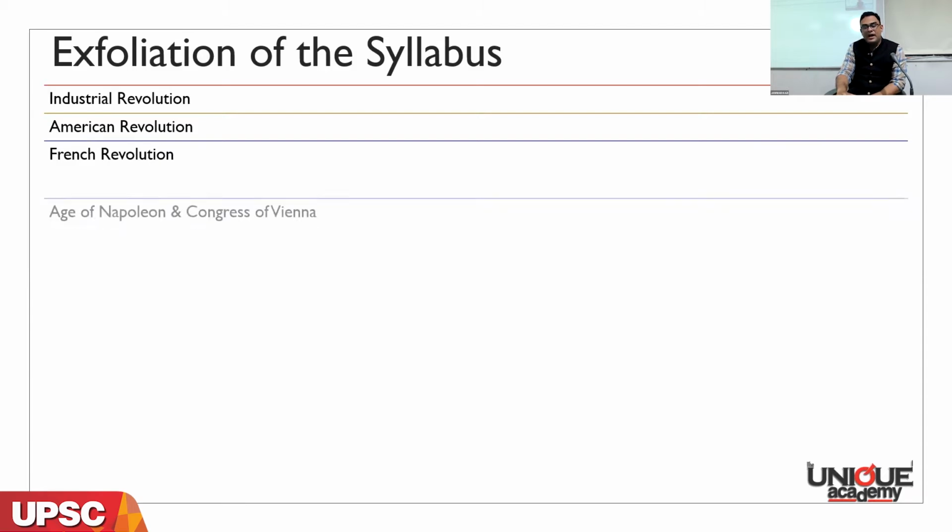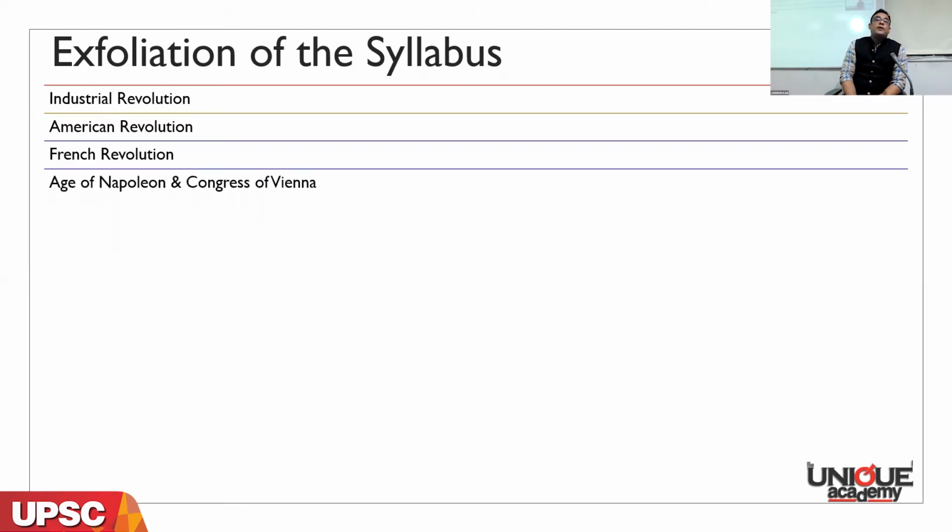Okay. After this, we will meet a very charismatic man who has left an indelible mark on the sands of time. Napoleon, a great military general who comes and becomes the emperor of France towards the end of this revolution. And like many historical personalities, he is a paradox.